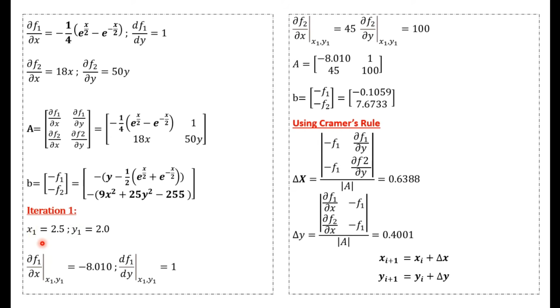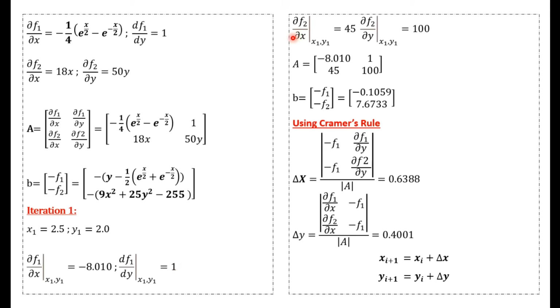So we calculate the values of the partial derivatives at x1 and y1. The partial derivative of f1 with respect to x we get as this one, and with respect to y at x1 and y1 it is equal to 1.